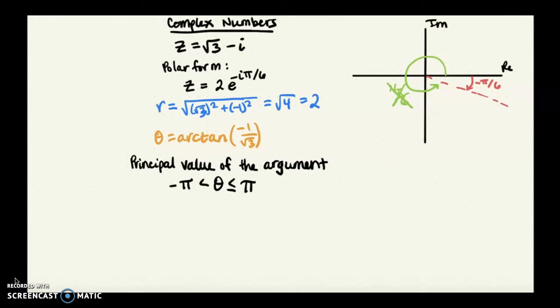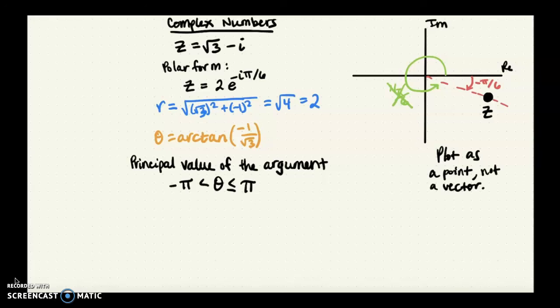And minus pi over 6 is in that range. And then r is 2, meaning that z is along this ray that extends from the origin, and we go a distance of 2 along that ray. So when we plot z, we just plot the point there. We don't plot it as a vector, so plot as a point, not a vector.